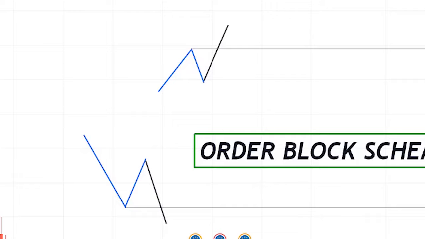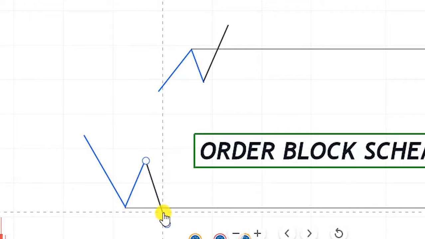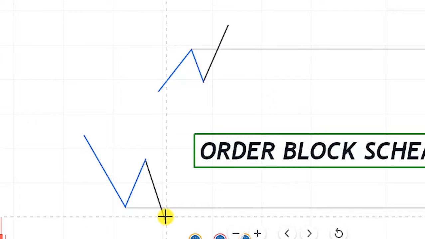So the way the market creates this order block schematic is pretty simple. What they do is they create something, a high or a low, a low or a high. When they create this low or high, they know that if price gets to this low in the future, most traders will be looking to sell and put their stop losses below these areas.